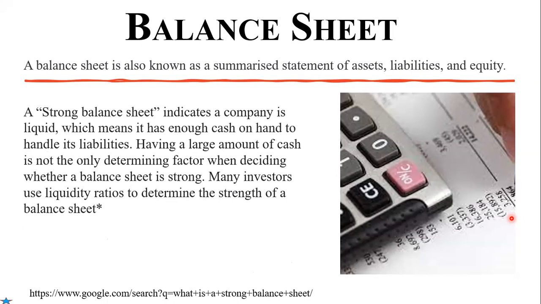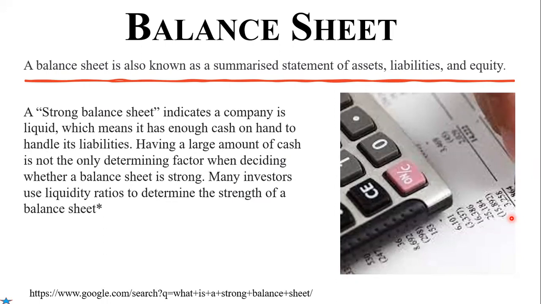Now, a common term used to describe a balance sheet to its readers is strong. This indicates that a company is liquid, which means it has enough cash to handle its liabilities. Having a large amount of cash is not the only determining factor when deciding whether a balance sheet is strong.